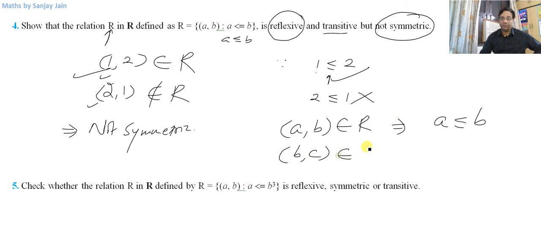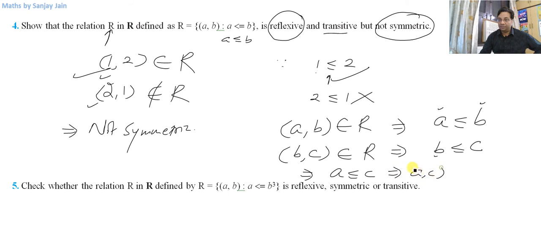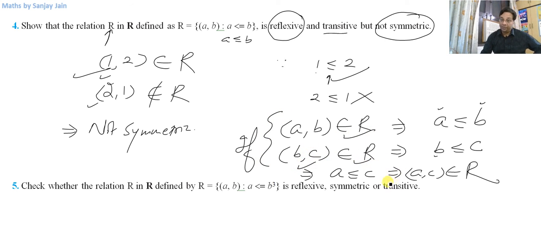So (B, C) present in relation R will mean B is less than or equal to C. If A is less than or equal to B, and B is less than or equal to C, then it is sure that A will be less than or equal to C. That means (A, C) belongs to this relation R. If (A, B) is present in R and (B, C) is present in R, this implies that (A, C) is present in R, which means this relation is transitive.